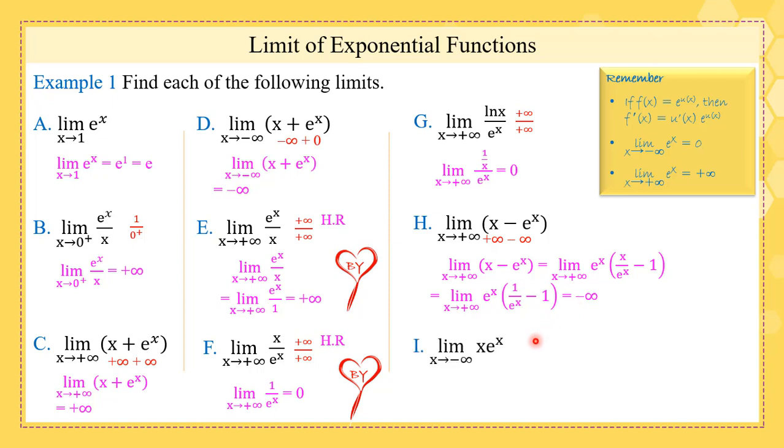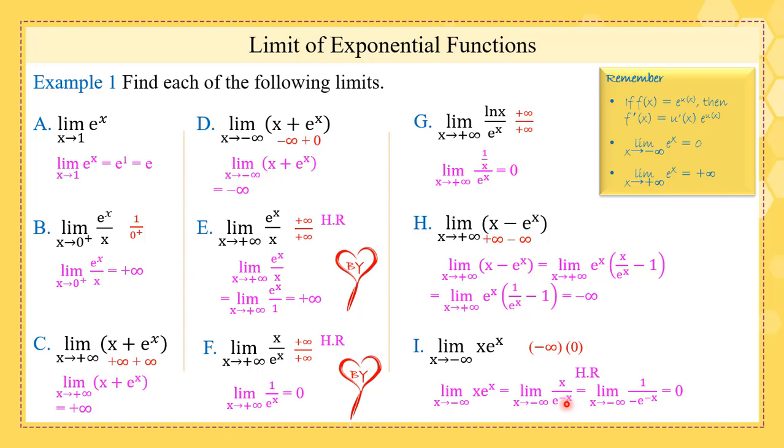Now, this limit as x tends to minus infinity, by substitution, e to the power minus infinity is 0, and this is negative infinity, so this is infinity times 0, so we apply the reciprocal method. Now the reciprocal in case of exponential functions is much easier than the case of logarithmic functions, and this happens because if we want to put e^x in the denominator, we just change the sign of the exponent and it becomes e^(-x).